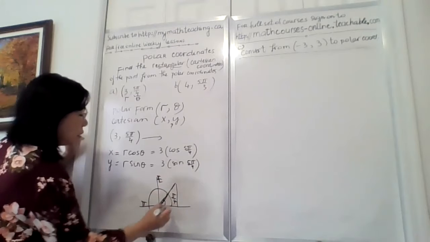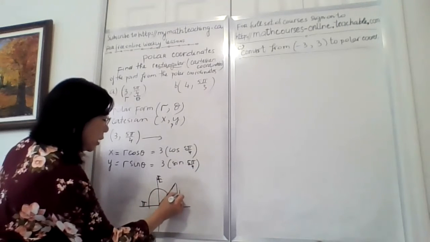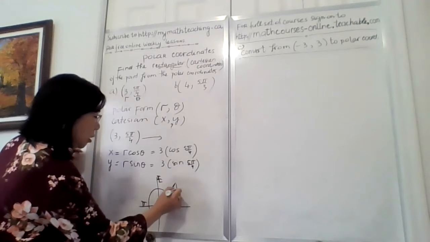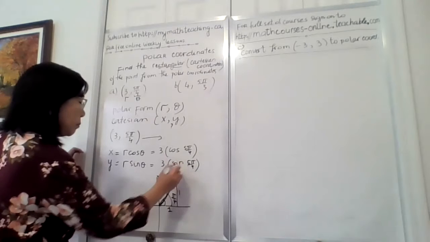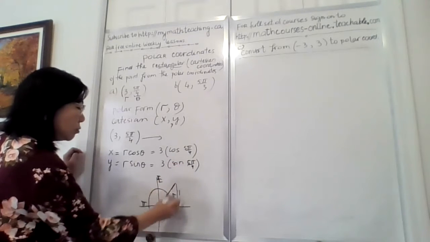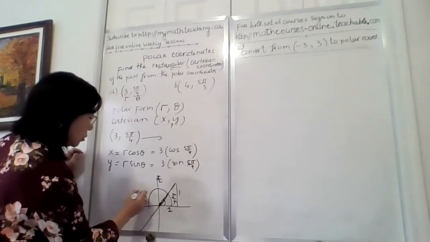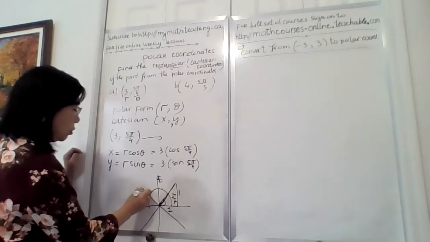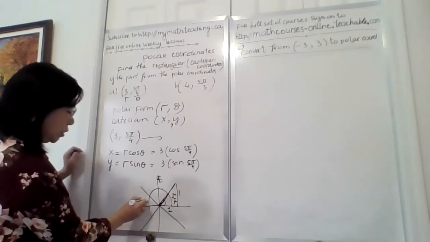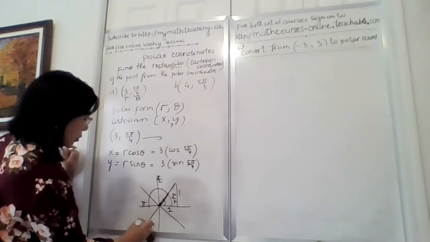And pi over 4 is a 45-degree angle, where the length of the opposite and adjacent sides are the same. But we have 5 pi over 4, so our angle is not in this quadrant, but in which quadrant? 1 pi over 4, 2 pi over 4, 3 pi over 4, 4 pi over 4, which is pi, so 5 pi over 4 is in this quadrant.